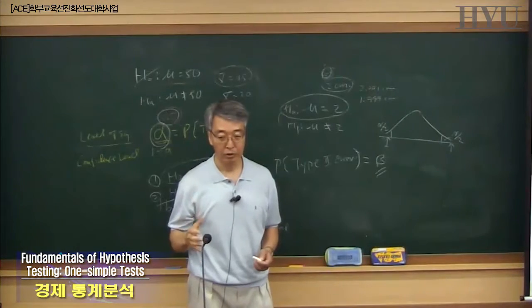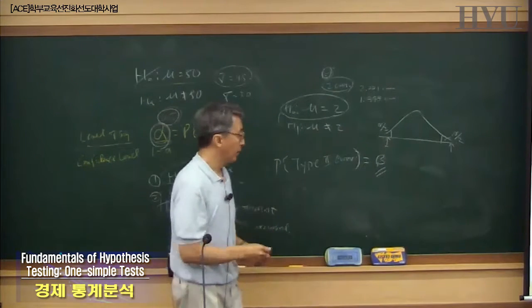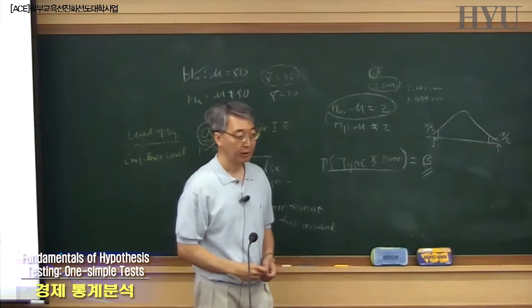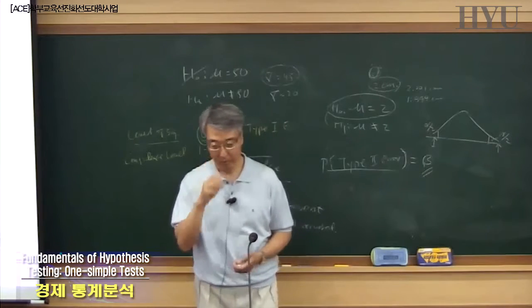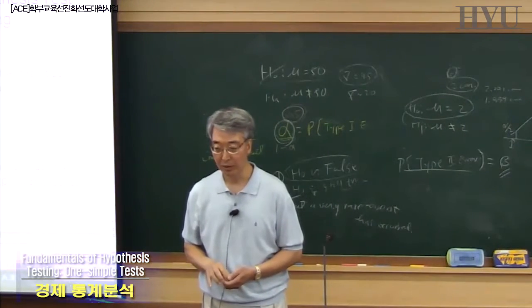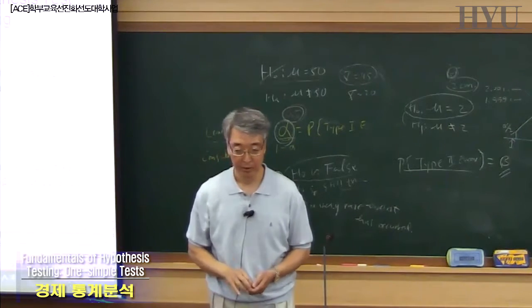So you are controlling the chance of type 1 error, right? About type 2 error, we haven't done anything. So if you decide to accept it, then you have no idea what kind of risk you are taking. Okay?